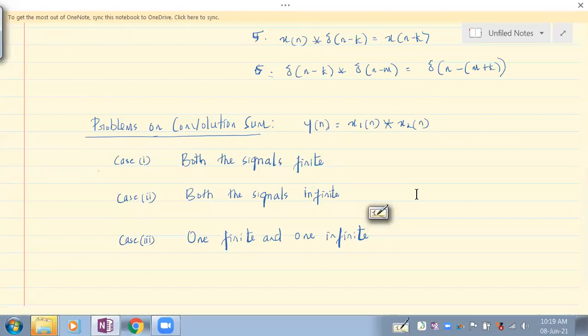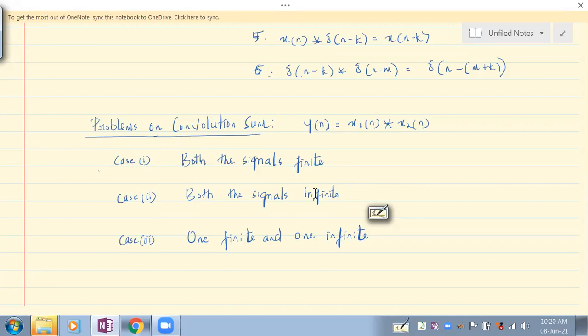If you see the degree of difficulty, or even the length of the solution, the solution would be lengthier if both are finite, and it would be shorter if both the signals are infinite. So infinity gives shorter solutions here, and finite signals would give lengthier solutions. Everybody get that point? So this is how we shall categorize them.